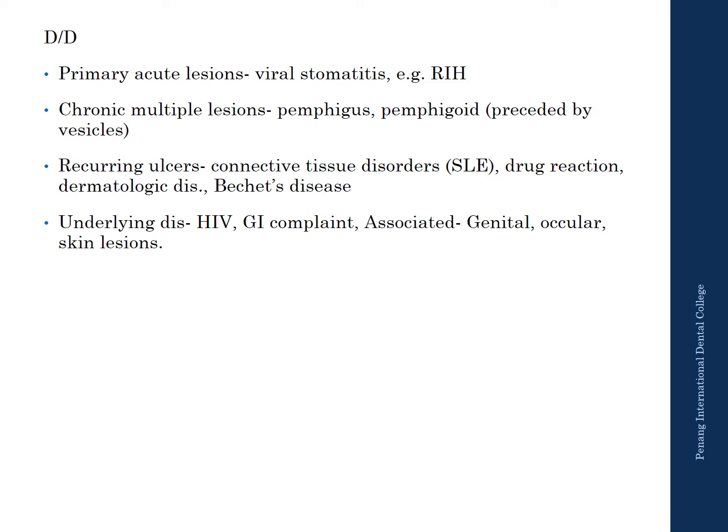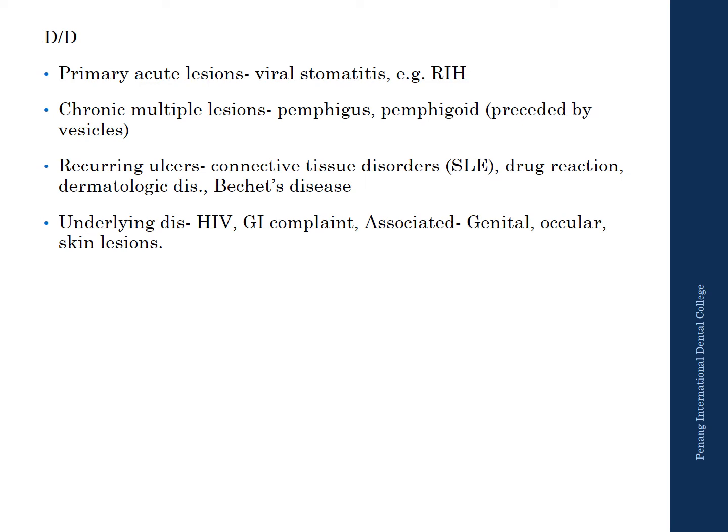But it's important to understand that generally herpetic infections, like other viral infections, are preceded by prodromal symptoms like fever, malaise, fatigue, and could be preceded by vesicles, whereas aphthous ulcers are never preceded by vesicles. Ulcer is the primary lesion in aphthous ulcers.